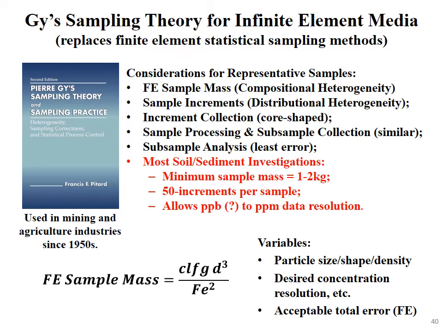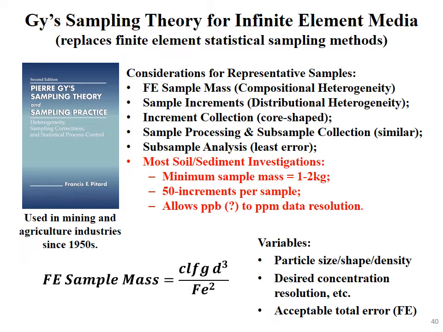So some of the considerations you have to take into account when you're testing soil and sediment and crushed ore and such, trying to collect a representative sample: first, what's the minimum mass I need, which is called fundamental error, to deal with compositional heterogeneity. I've got these nuggets of PCB-infused tar balls or nuggets of oil or lead in my sample.